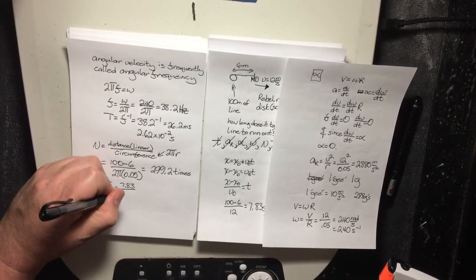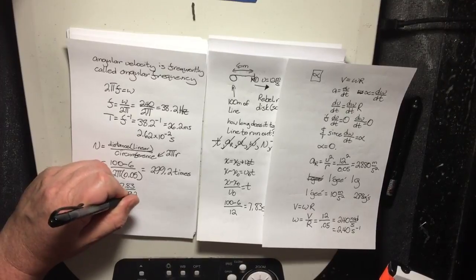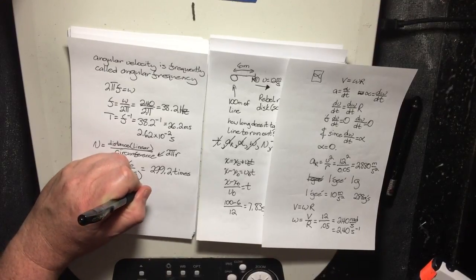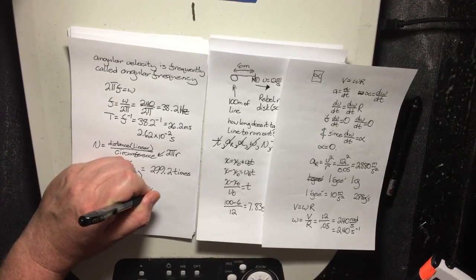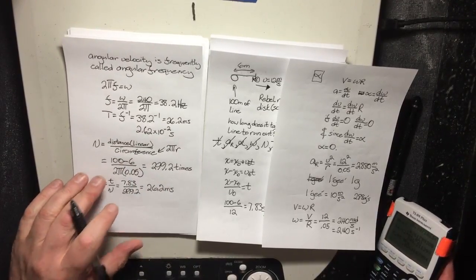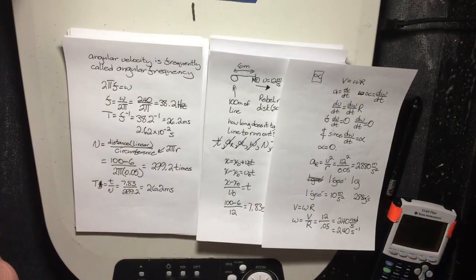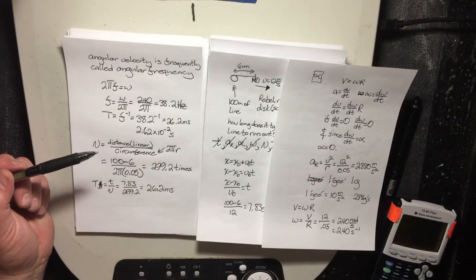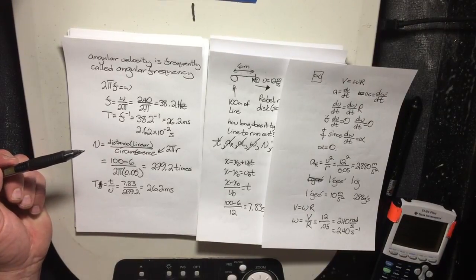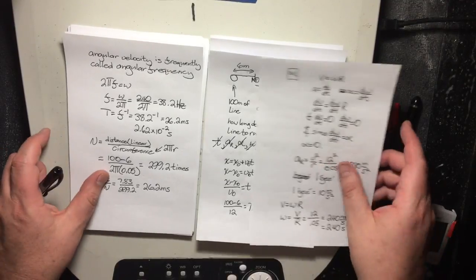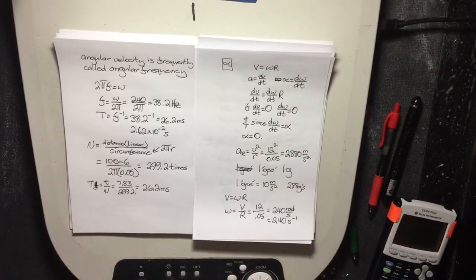The total time divided by the number of rotations, and you get 26.2 milliseconds. So we could use that. Yeah, you could find period this way. You could find period that way. There are multiple ways to get to the same answer. We could use that to find the N too.